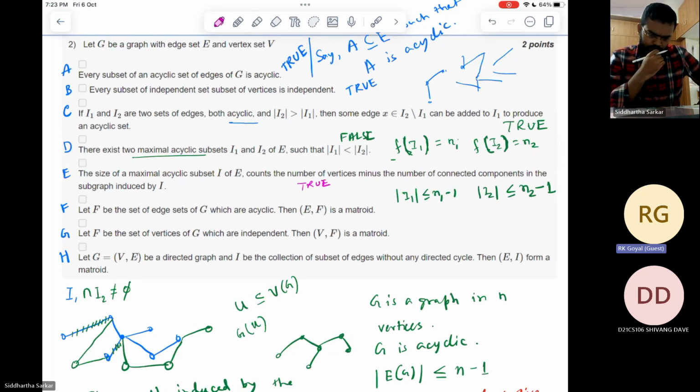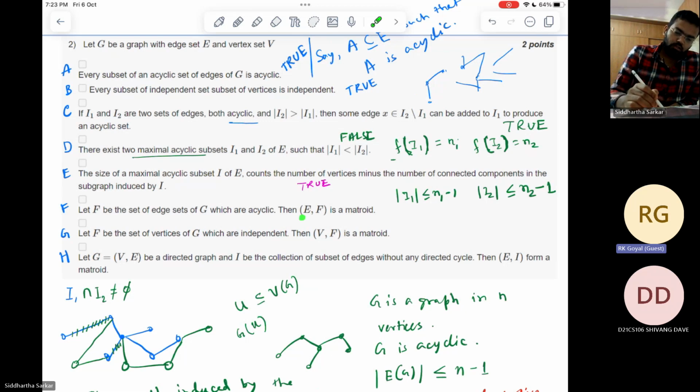Let F be the set of subsets of G. So F is a collection of all the edges of G which are acyclic. Then (E, F) is a matroid. E is fine, and then what about this F? F consists of the acyclic sets.